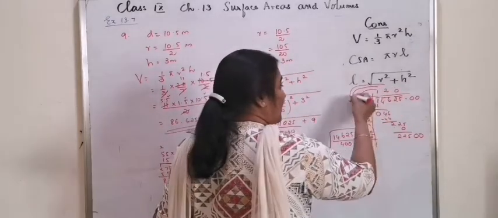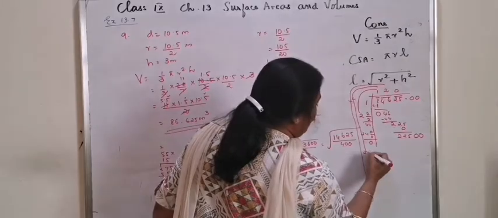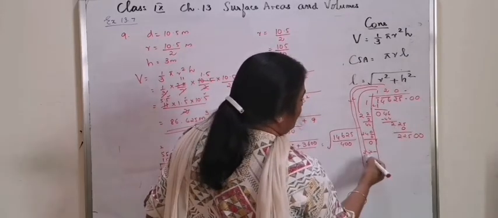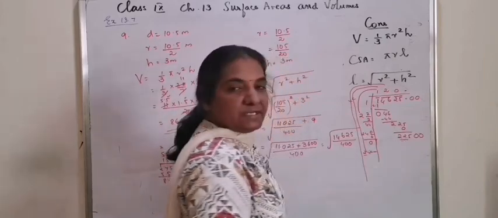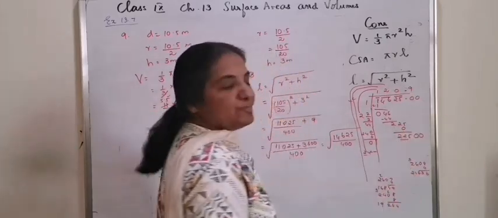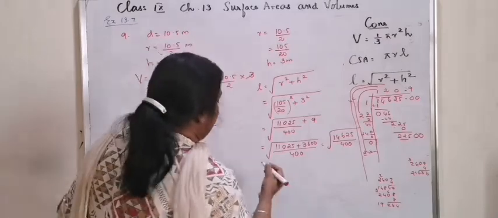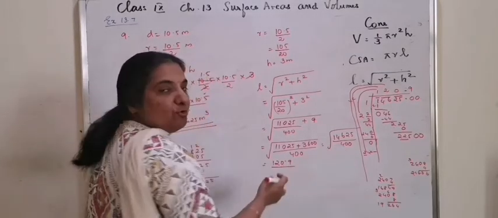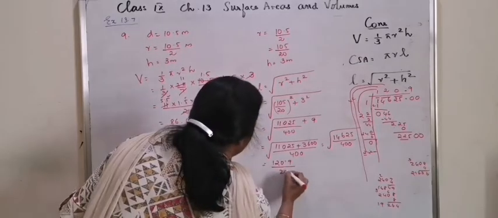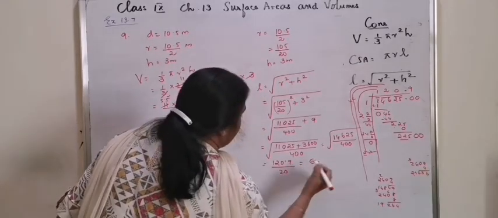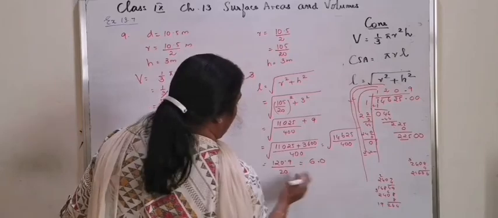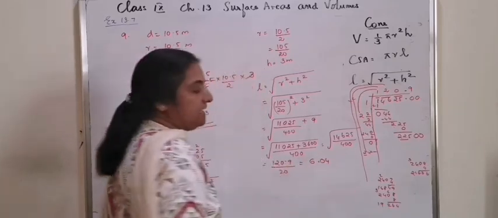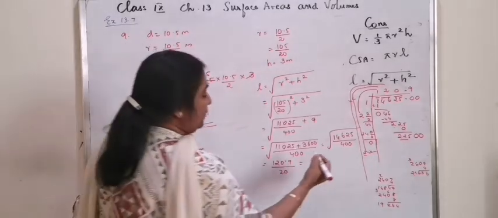Double of 120 is 240, and one more digit gives approximately 120.9, divided by 20, which is approximately 6.04 meter.